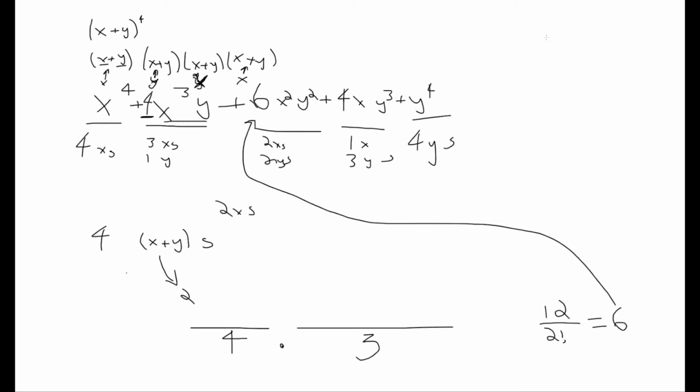So, okay, maybe this is x plus y sub 1, this is x plus y sub 2, this is x plus y sub 3, this is x plus y sub 4. Okay?